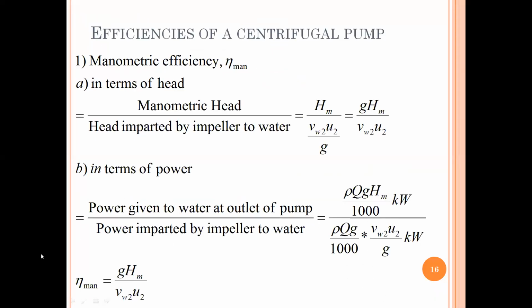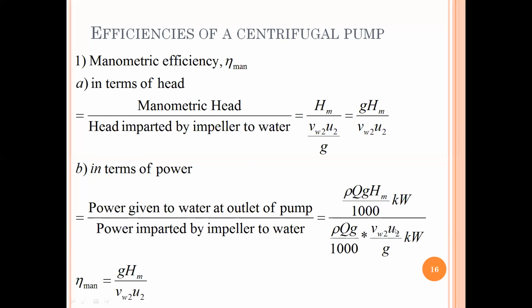So your manometric efficiency: power imparted by impeller. Here power imparted, we know, is rho Qg into H. We have calculated H as VW2 U2 by G. I'm dividing it by 1000 to get kilowatt. Now what is the power given to water at outlet? That is rho Qg into manometric head divided by 1000.